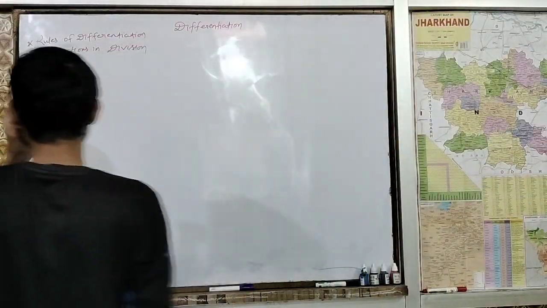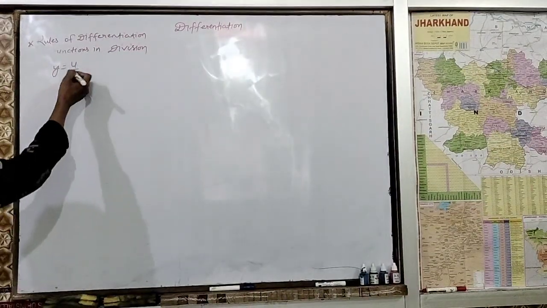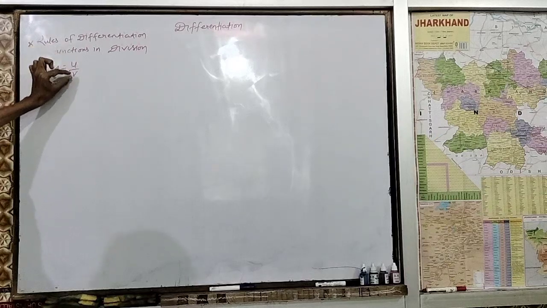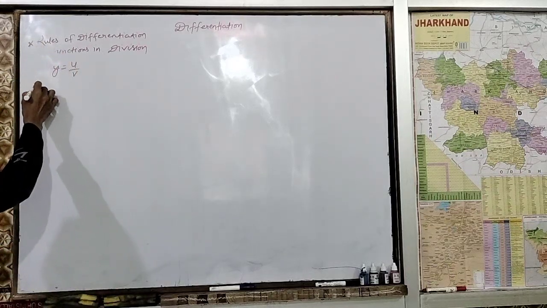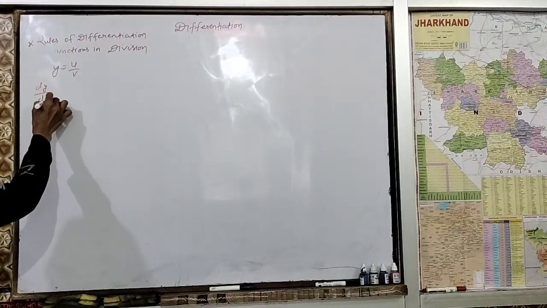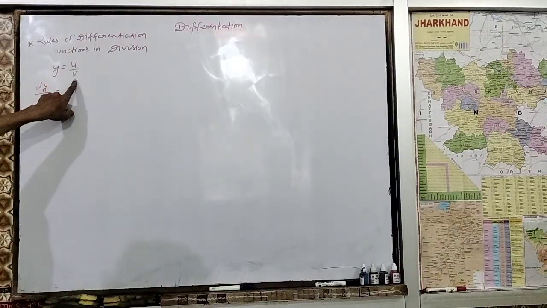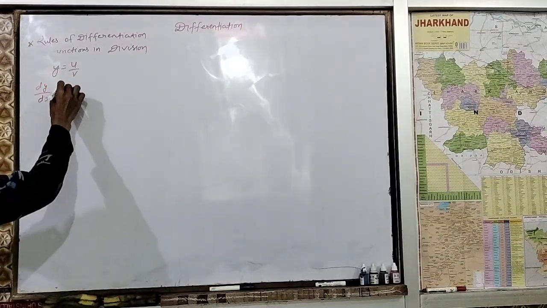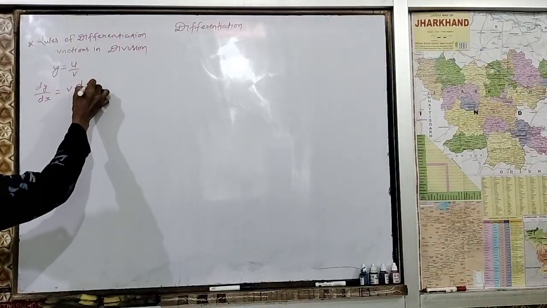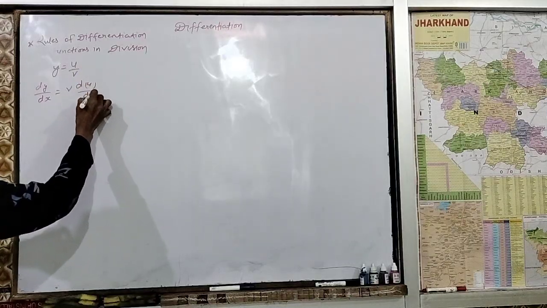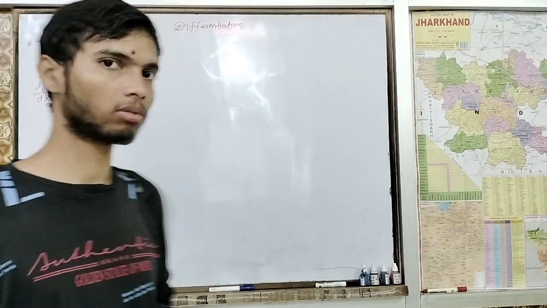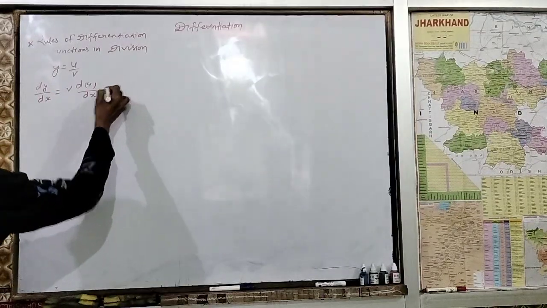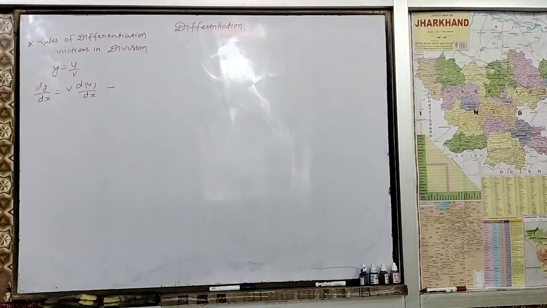In that case, you will have to first differentiate this, and it should be as it is. Look over here. Differentiation of this. First, this denominator should be as it is, and differentiation of this u. Clear? Here we have a division, that's why the operator will be negative.